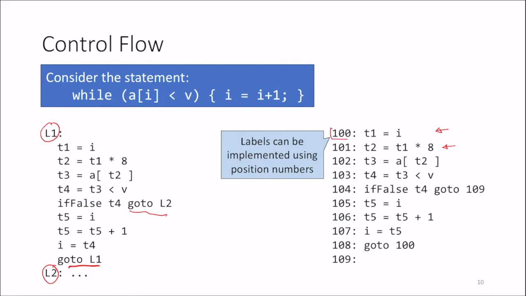So you can think of this 100 as the pointer to the first instruction, and then 101 is the pointer to the second instruction, and so on. And so when we add new instructions, we increment it using the position numbers, and that makes it a little bit easier to implement in some cases.